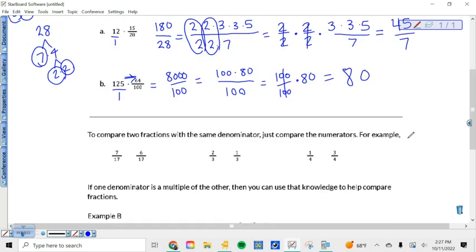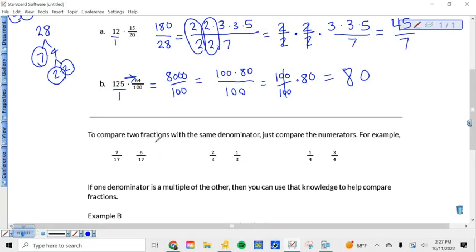Check again. All right. So now, you're going to do something like that on the back of your paper. You're also going to do something like this where you're going to compare fractions.